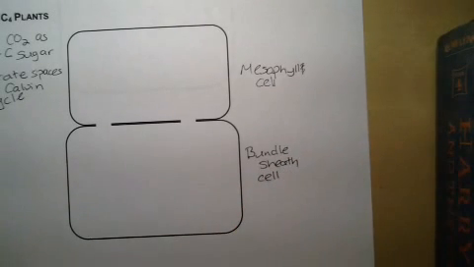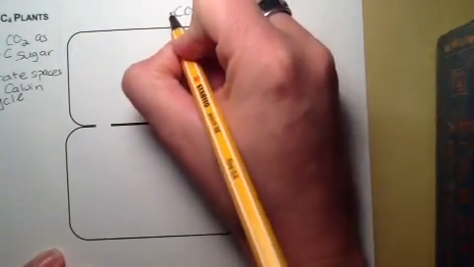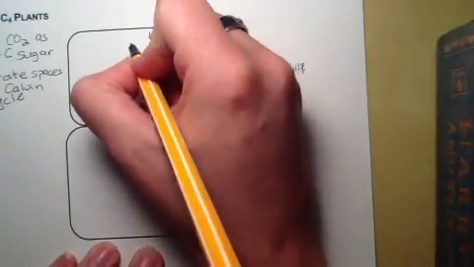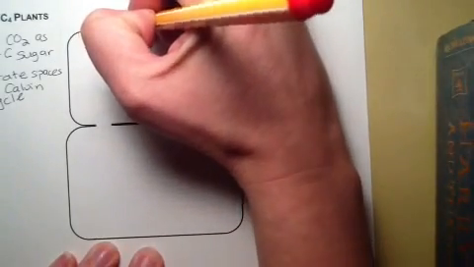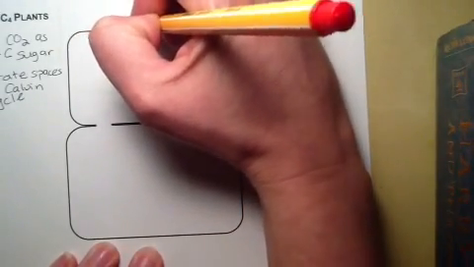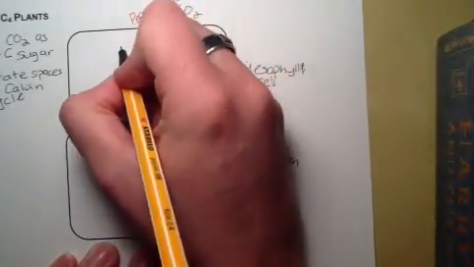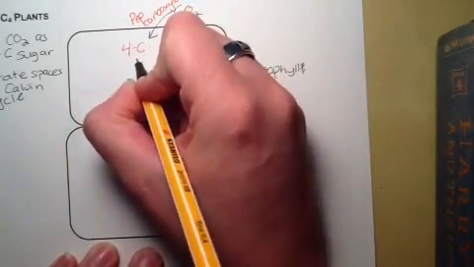And so what we're going to see is that carbon dioxide is going to come into a mesophyll cell. Okay, here it comes. And it's going to bind with an enzyme called PEP carboxylase. And it's going to turn it into a 4-carbon sugar.